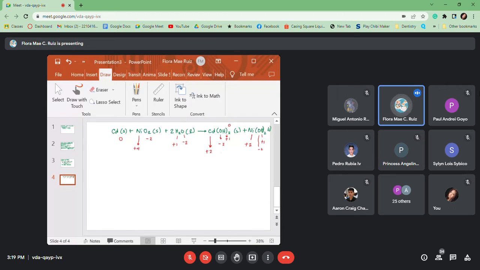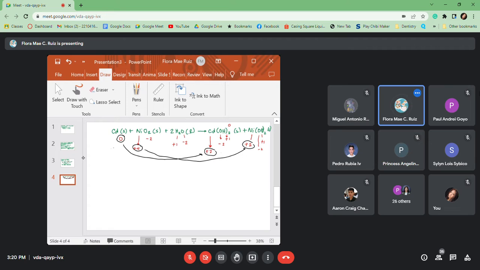Okay, now that we have all the oxidation states listed, let's analyze each atom, each reactant. So the oxidation state of cadmium increases from 0 to +2. And nickel, from nickel dioxide, from +4, it decreases to +2.